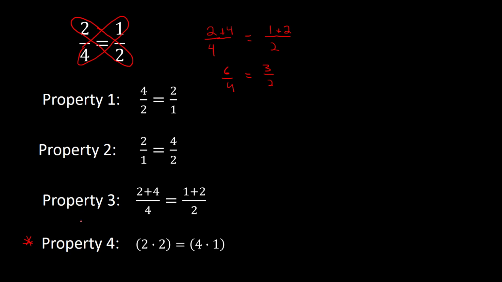Let me go through some example problems using these 4 properties, and I will focus in at the end on cross-multiplying. So here's another example, where we have 4/12 equals 2/6. That is a true statement because for 4/12, you can divide the top and the bottom by 2 to get 2/6.